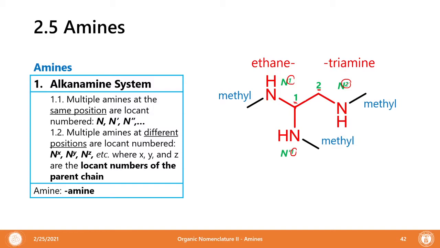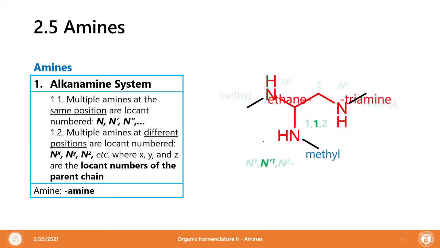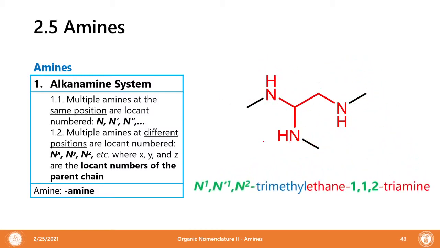For nitrogens in the same position, like these 2 nitrogens at locant number 1, we distinguish them using an apostrophe. And we can use more apostrophes when necessary. So when we assemble the name, we get N1, N1', N2-trimethylethane-1,1,2-triamine.